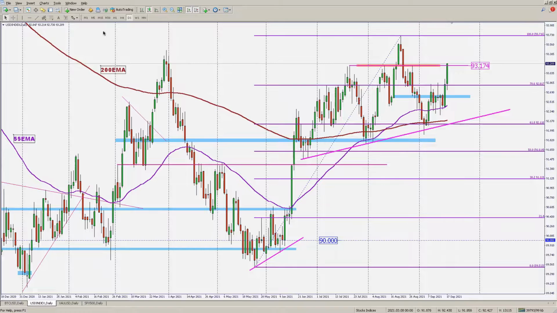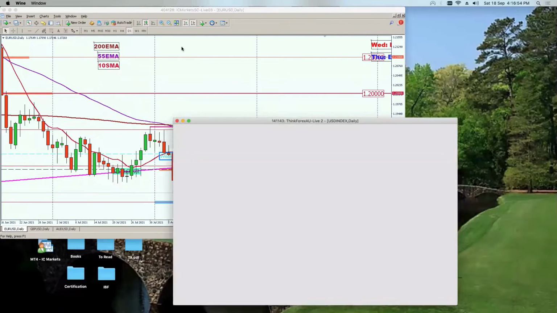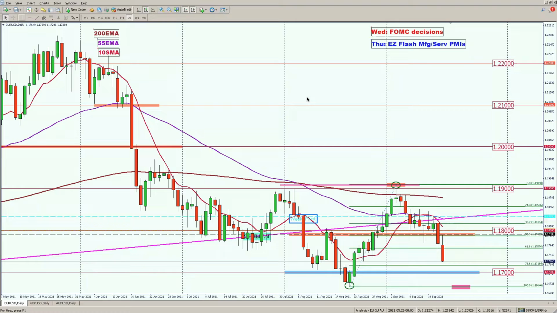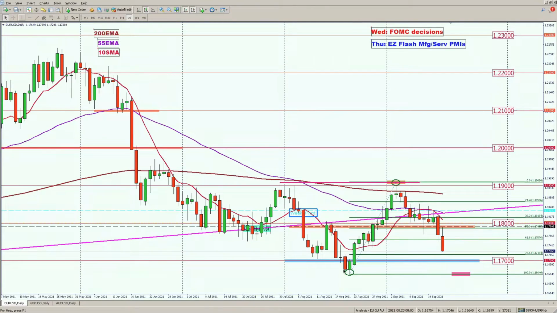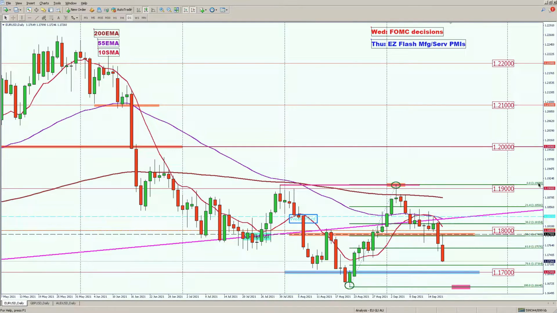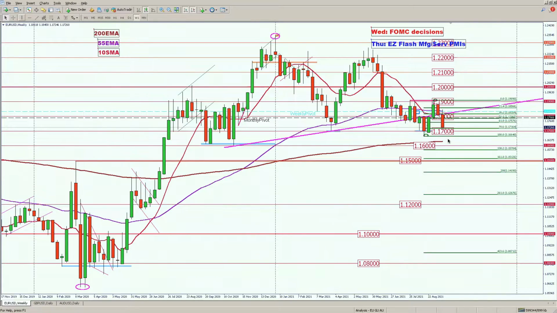All right, let's move back to the euro. So 117 is in sight, and a possible retest of this swing low here as well. And on the weekly time frame, if it goes past that swing low, there's the weekly 200 EMA at 116.30 that it could try to test, which is near these previous support levels here.